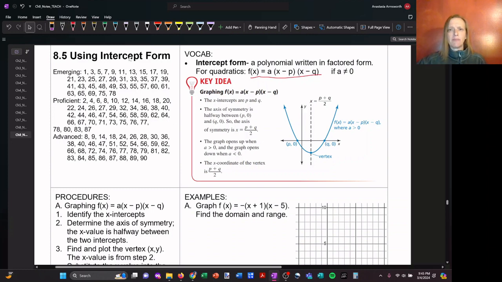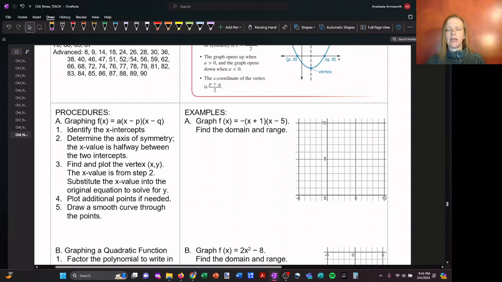So let's look at an example here and how to graph a parabola using this format. F of x equals negative x plus 1 times x minus 5. Notice that our a value out front is -1.